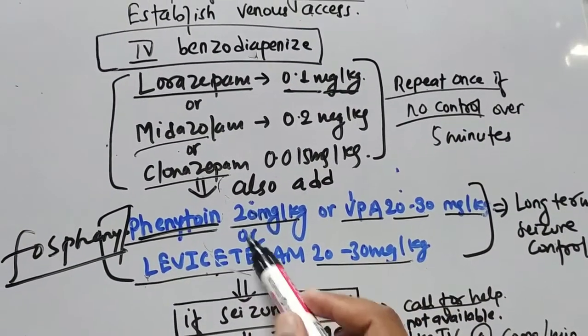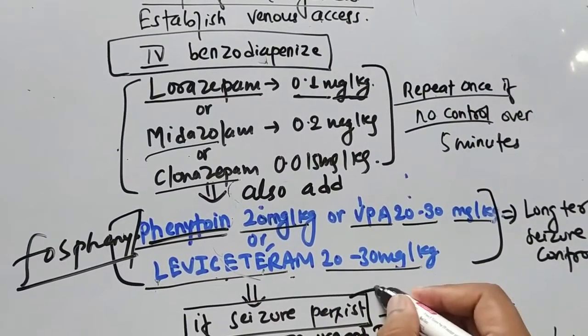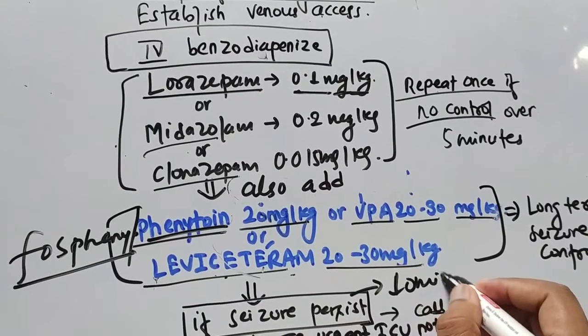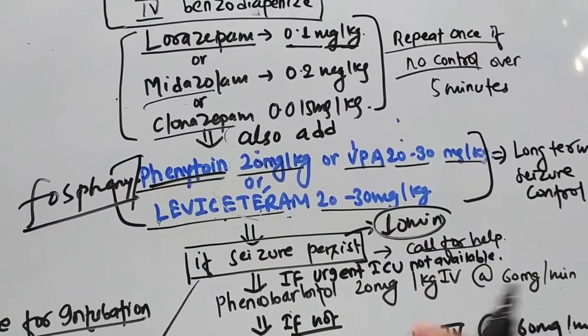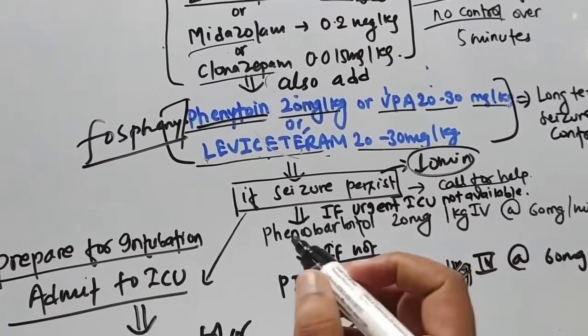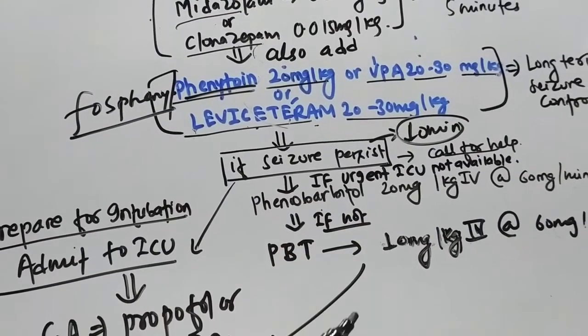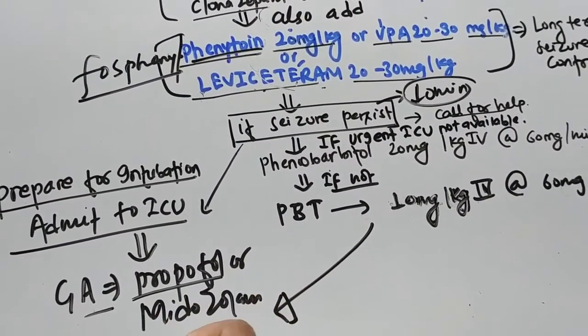Once we give phenytoin plus the first line agents and the seizure is still not controlled, say 10 minutes have passed and the seizure is not controlled, then you should call for help. If there is an ICU facility, then you should always go for general anesthesia with propofol or midazolam.